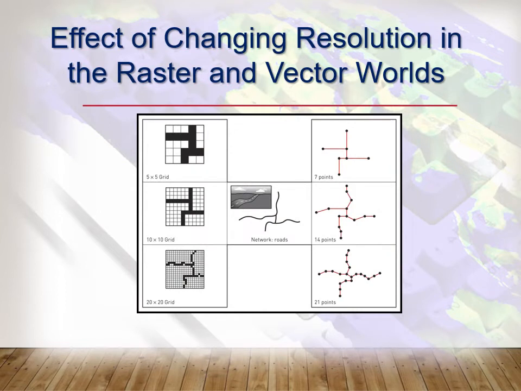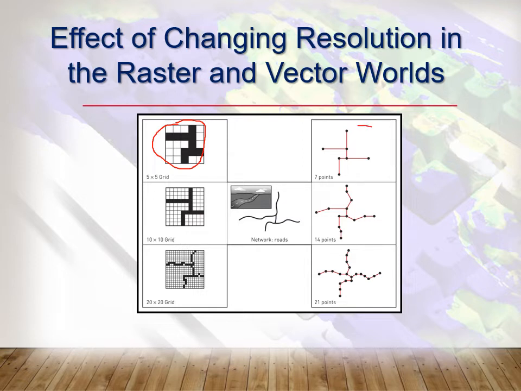Now, when we change the resolution of rasters, the look of those rasters changes as well. For example here, we have a 5x5 grid that represents a street network. And if we add more and more pixels, that street network gets more and more detail.